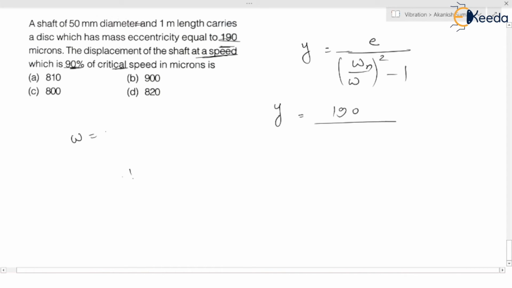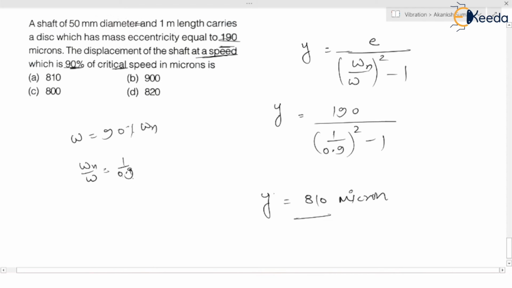So omega is equal to 90% of omega n, that means omega n upon omega will be equal to 1 upon 0.9. So you just have to put this value here: 1 upon 0.9 whole square minus 1. When you solve this, you will get the value of y, which comes out to be 810 micron.